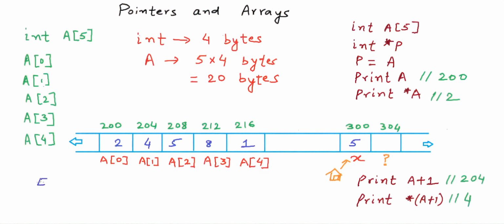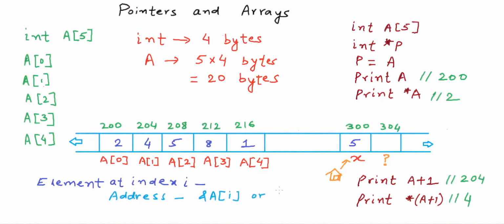For an element in the array at index I, we can retrieve the address of this particular element in the memory using either ampersand a[i] or simply a plus I, and these two will give us the address of a[i]. The value of a[i] can be retrieved by either simply using a[i], or we can also use asterisk of a plus I, which will also give us the value.